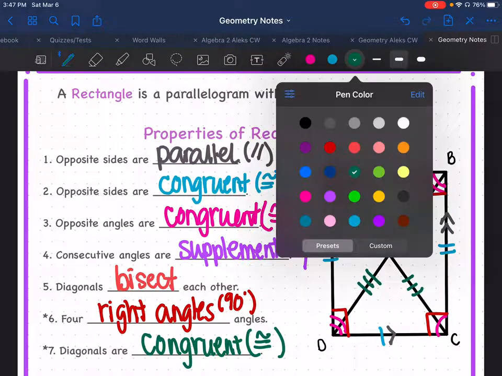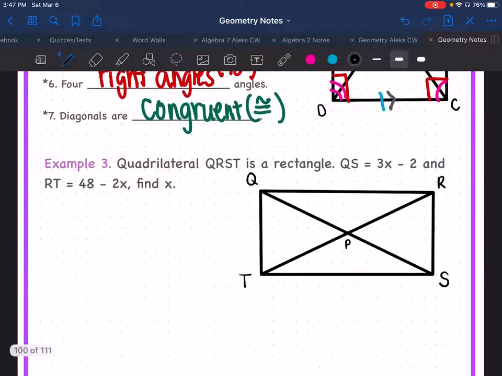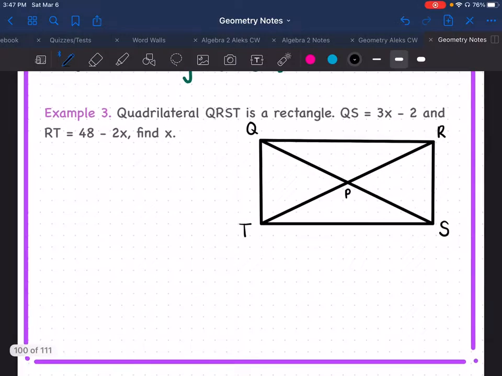All right, let's go ahead and take a look at our example. Quadrilateral QRST is a rectangle. QS is 3x minus 2, and RT is 48 minus 2x. I'm going to use the two colors that I have, the pink and the blue, to help me identify QS.